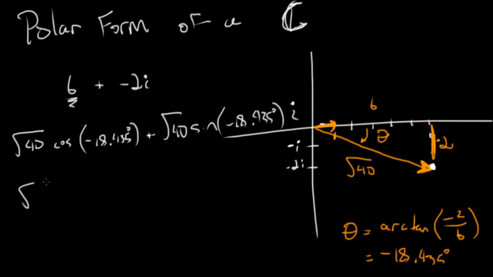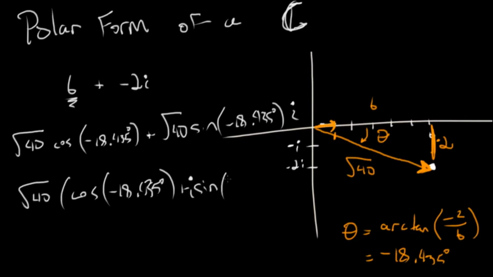Then if I pull out the square root of 40, I'm left with cosine of negative 18.435 degrees plus i sine negative 18.435. And that is kind of where we're trying to get to.